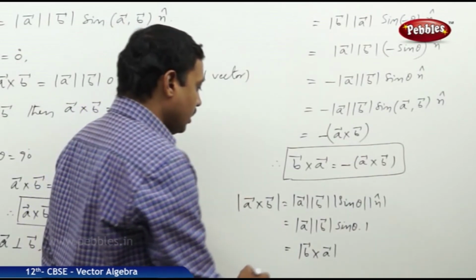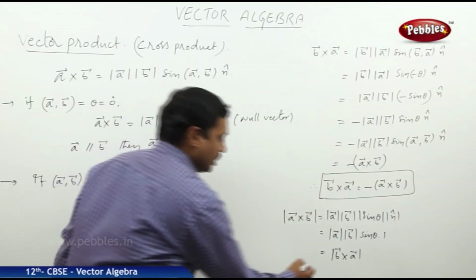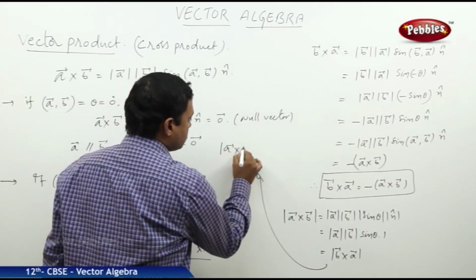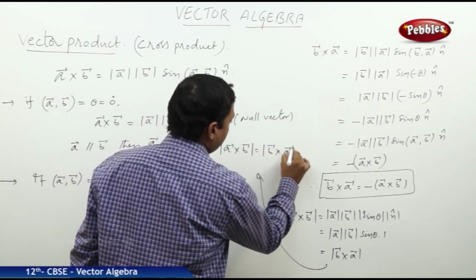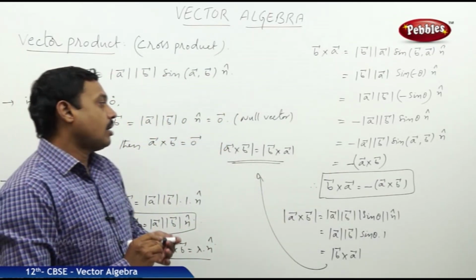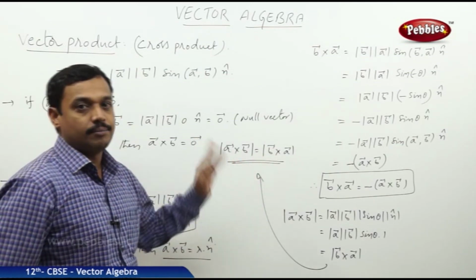So finally, this value is the same as modulus of B cross A. Hence, modulus of A cross B is equal to modulus of B cross A. Even though A cross B and B cross A are in different directions, their moduli are the same.